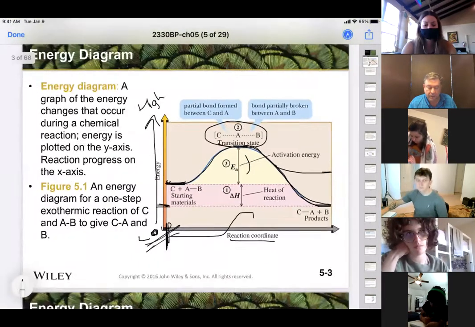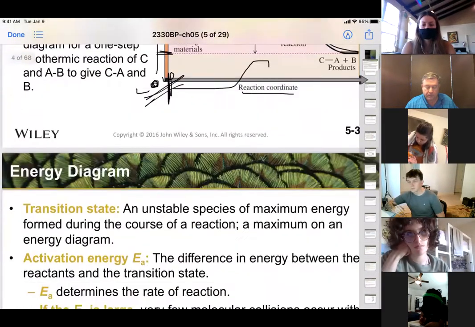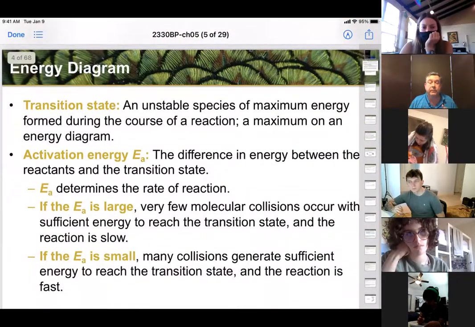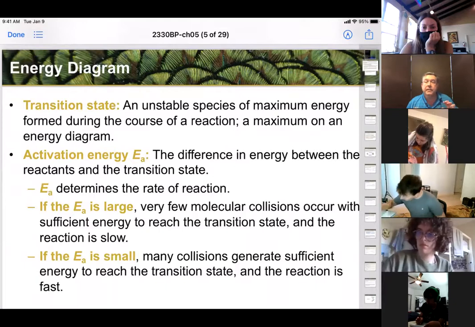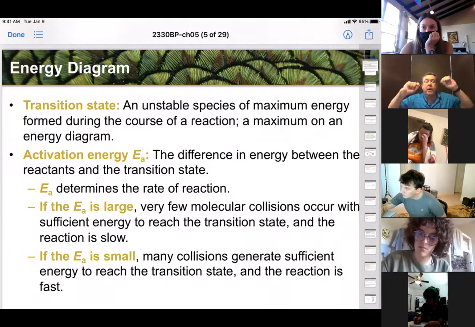Okay. So let's go through that in a little more detail. The first thing we want to do is identify that transition state. The transition state is this instantaneous part where bonds are making and bonds are breaking all at the same time.